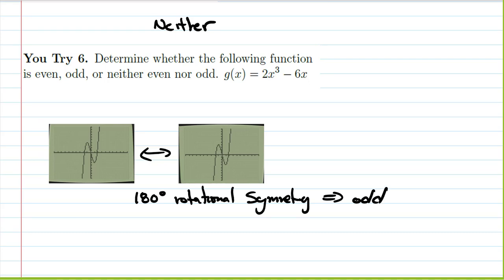All right? So with these ones, it's kind of nice. For ones where they're functions, we can just graph them on our graphing device and look for y-axis symmetry or rotational symmetry. And if it helps, literally just turn your calculator 180 degrees and see what it looks like, right? So you can do these to help you visualize what's happening. All right.